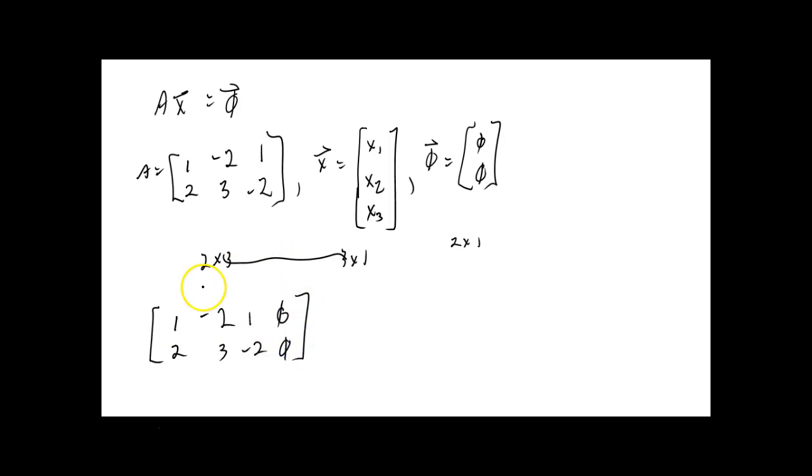Now, what do you want to happen first? First entry to be a 1. It is! We don't have to do a thing. What do we want next? You want to make that a 0. How do you do that? We want to subtract 2 times the top. Okay, -2 row 1 plus row 2.